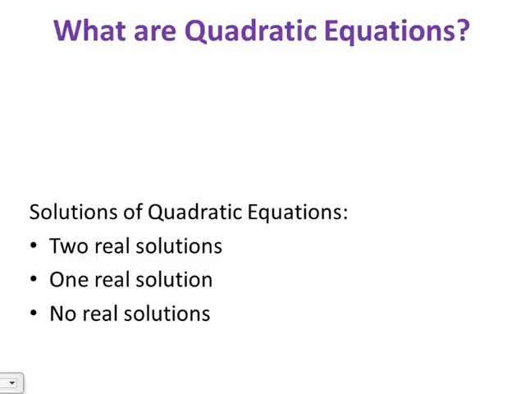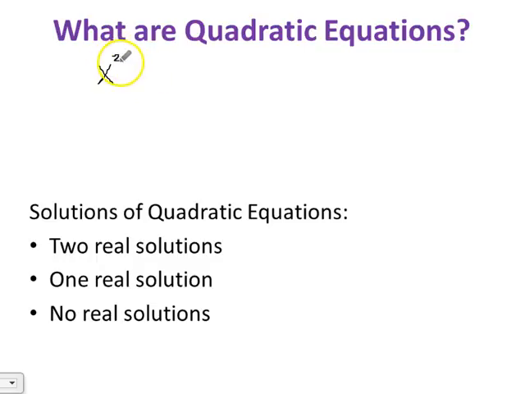All right, so we've been talking a lot about quadratic equations and solving for them, and I just want to make sure that everybody understands what a quadratic equation is. A quadratic equation is an equation that has a variable that's squared. Typically it's going to be an x, but it can be any variable. It could be a squared, it could be z squared. But to be a quadratic equation, we need to have a variable that's squared.